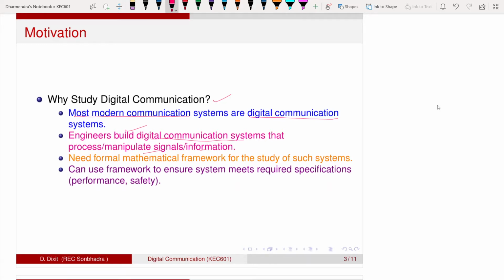In order to understand such digital systems, we need some formal mathematical frameworks. Further, we can use these frameworks to ensure the system meets required specifications like performance and safety. This is the motivation for this course.